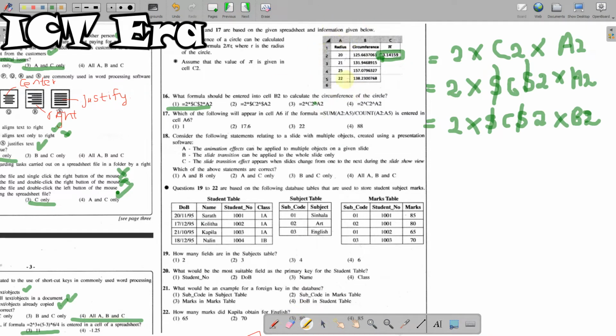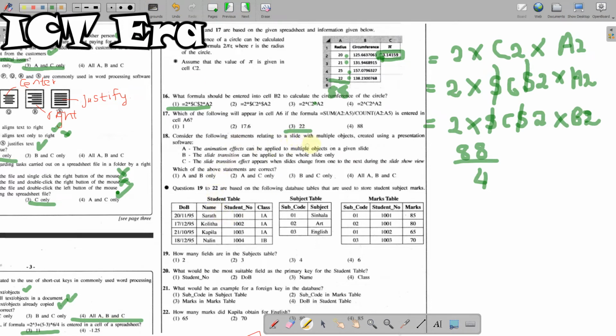Let's find the total sum: 5, 2, 7, 7, 1, 8, then 2 times 4 is 8, giving 88. 88 should be divided by the count of A2 to A5, which is 1, 2, 3, 4. So the answer is 22.